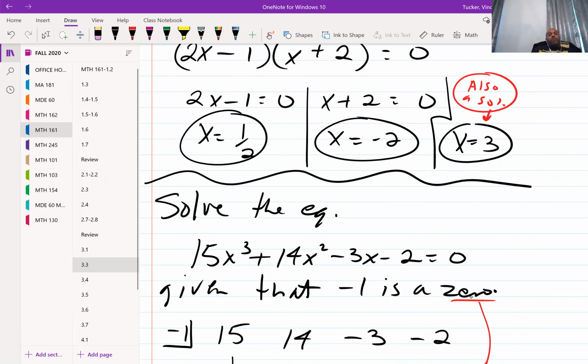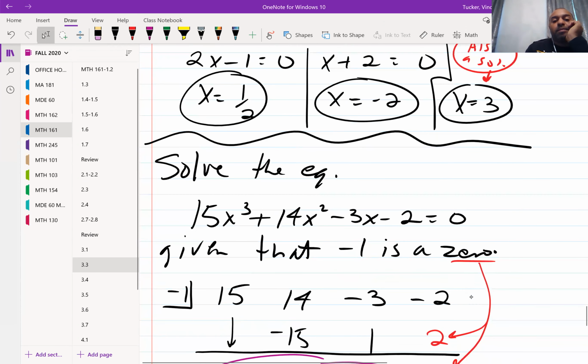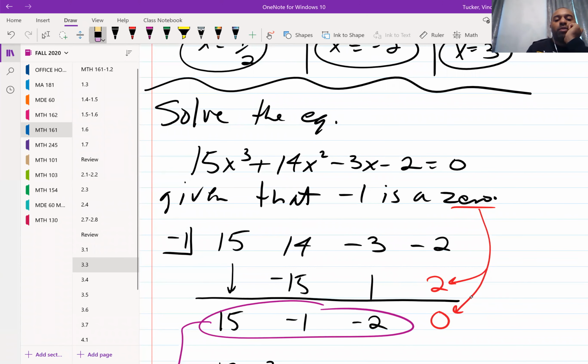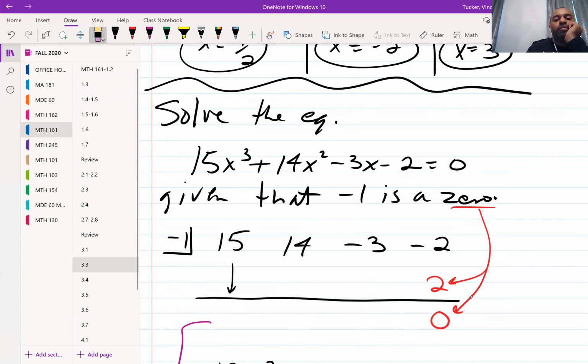All right, next one: 15x cubed plus 14x squared minus 3x minus 2 is equal to 0. You want to solve that equation given that -1 is a 0. Let me erase this and walk through the process. They gave us -1 as a 0, so that -1 goes right here.